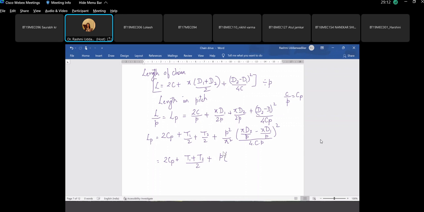Pi d by P, this is again number of teeth on the larger sprocket. This is number of teeth on the smaller sprocket upon 4c into pi square.